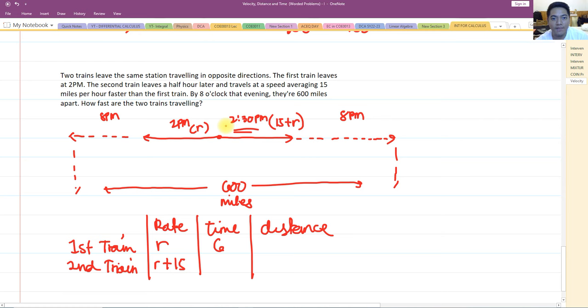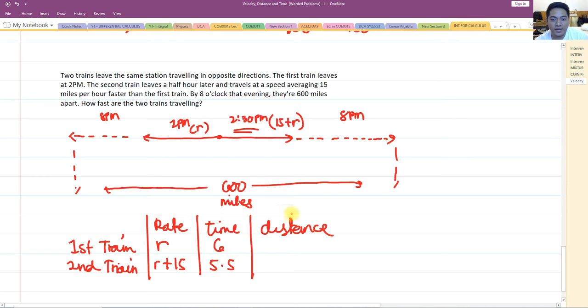And until 8 p.m., how many hours is that? So, 8 minus 2:30, that is 8 minus 2.5. That is 5.5 hours already.